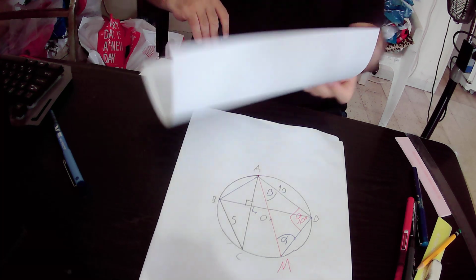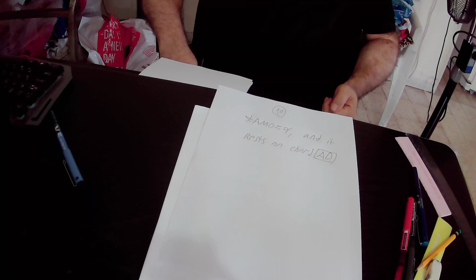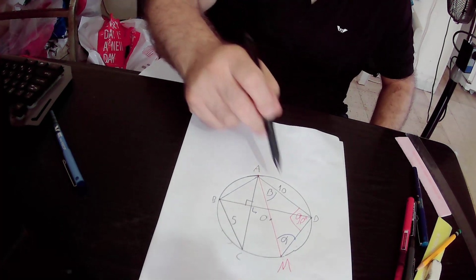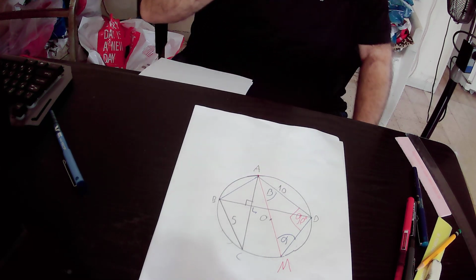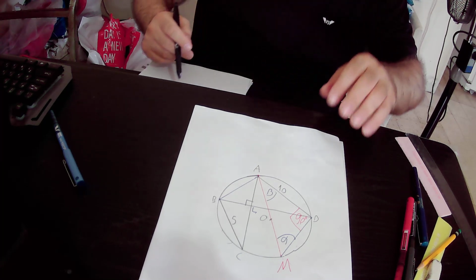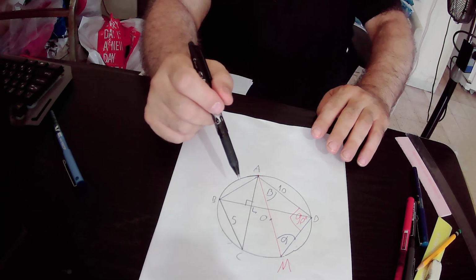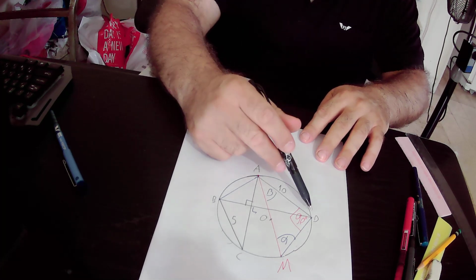Okay, I read what I wrote. Peripheral angle AMD that equals alpha rests on chord AD. And we have peripheral angle ABD.